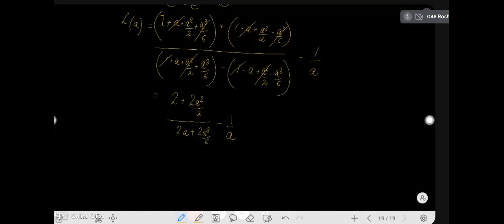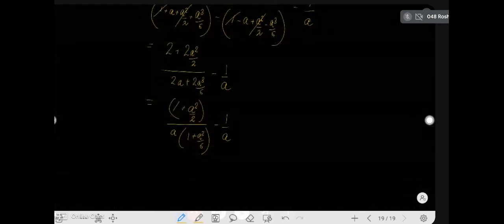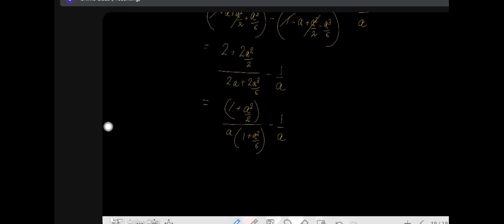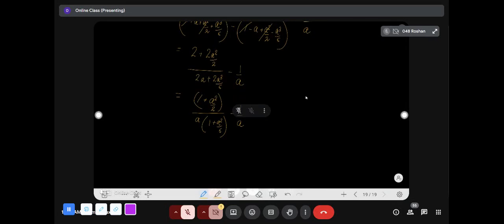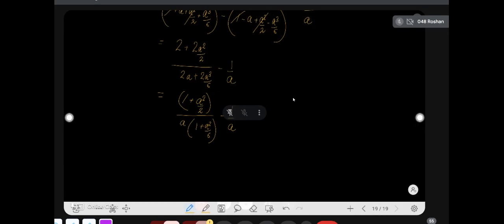So let us first take 2 as a common factor from the numerator and 2 from the denominator. You get 1 plus a square by 2 divided by a into 1 plus a square by 6, minus 1 by a. So, in the limit of a tending to 0, what can be done? What you can do directly is take the limit of a tending to 0.